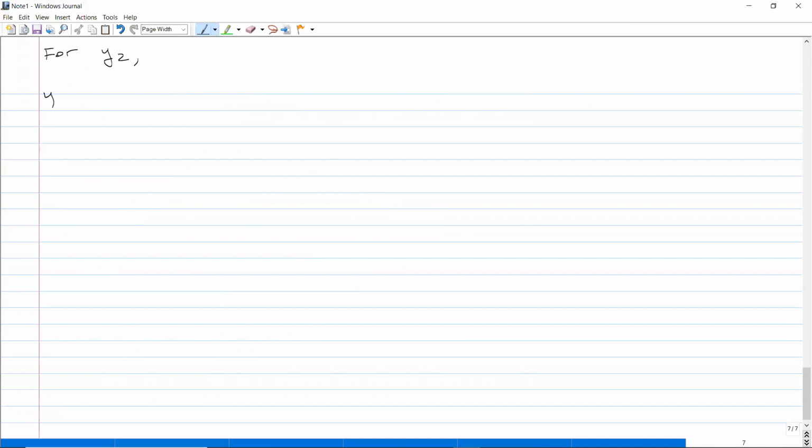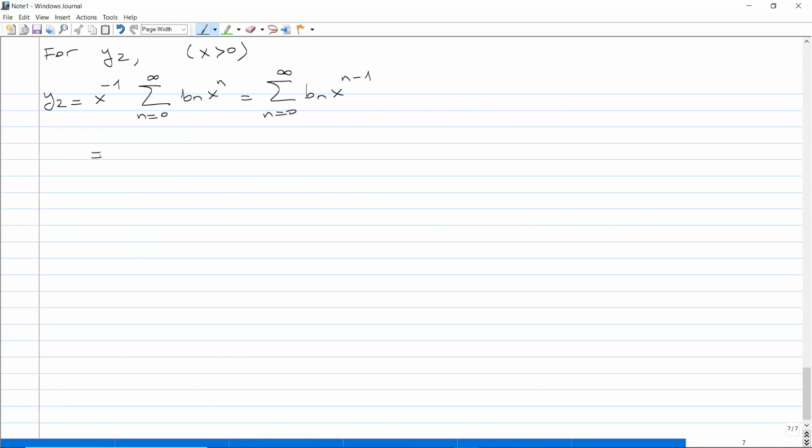So I take y2, x to the power minus 1. Remember, x is positive, so x to the power minus 1 is defined. And the series, n from 0 to infinity, bn x to the power n minus 1.